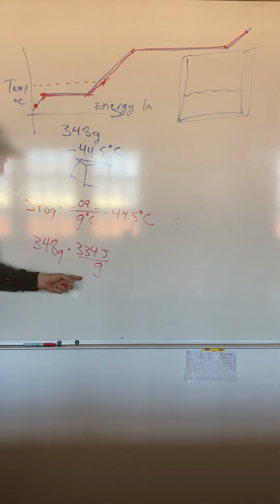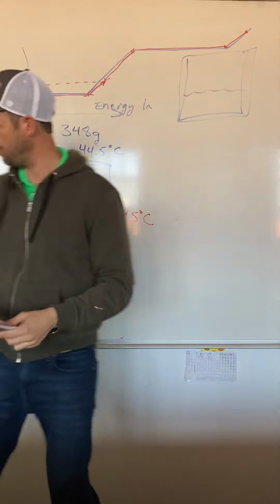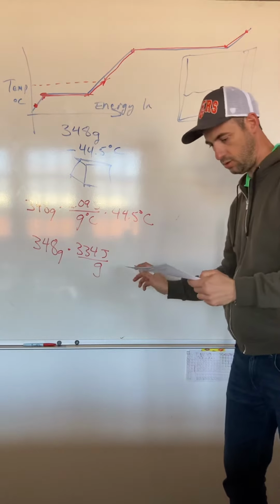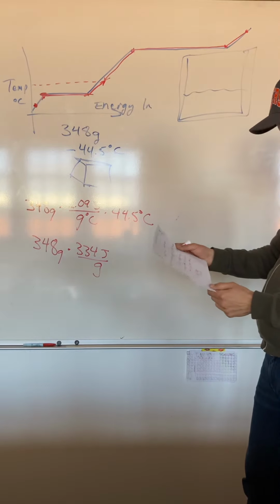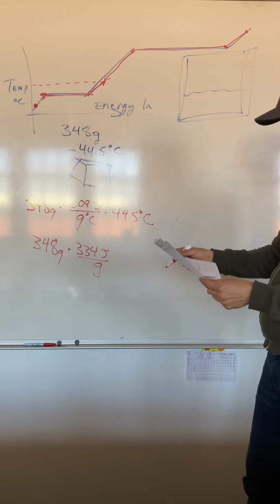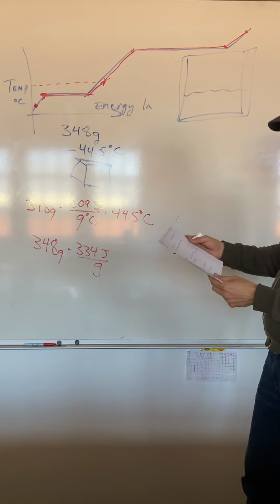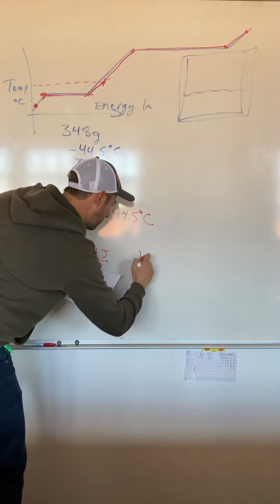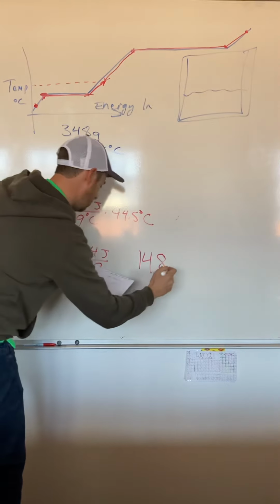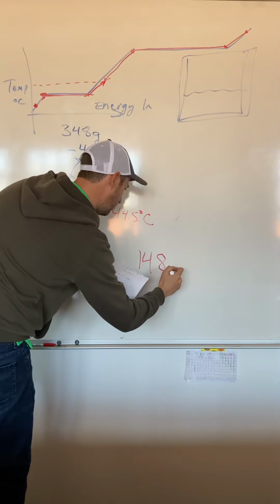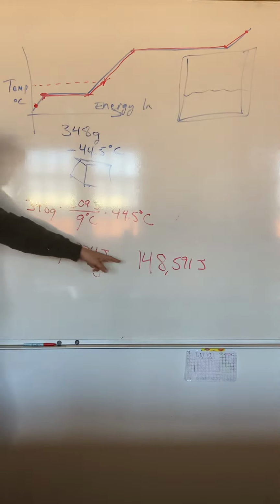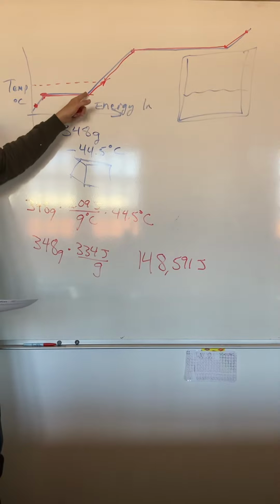This is the heat of fusion for ice, basically how many joules of energy per gram. So I'll do all that calculation and add it up, and I get this: 148,591 joules. I put that much energy in to turn this into this.